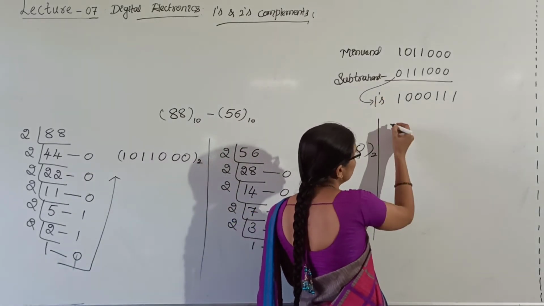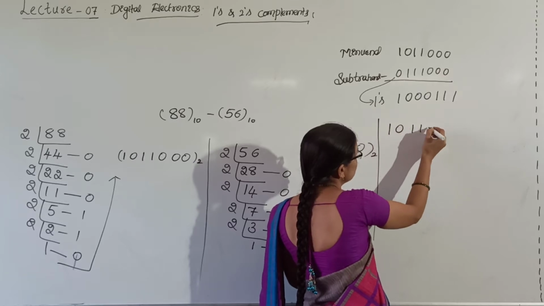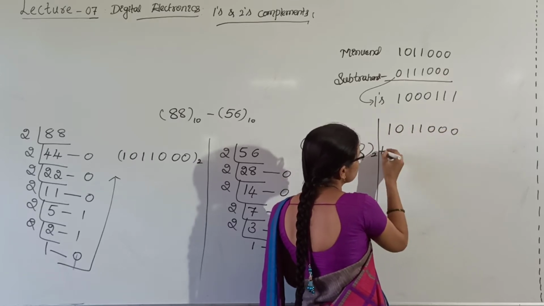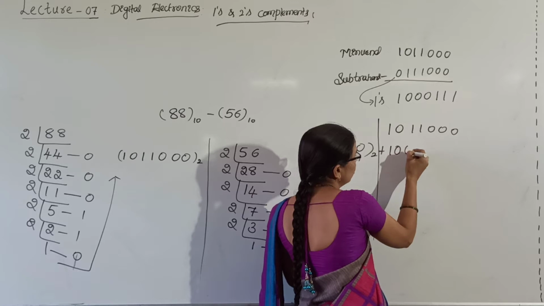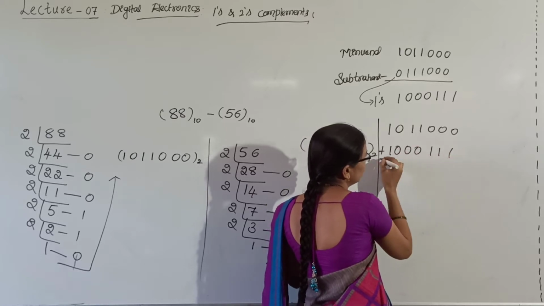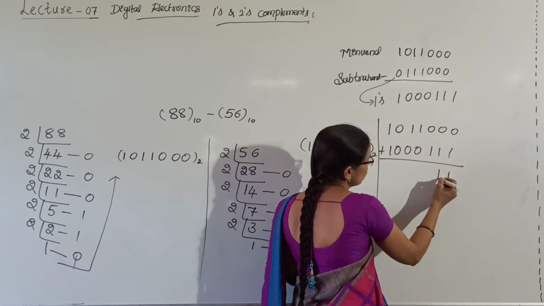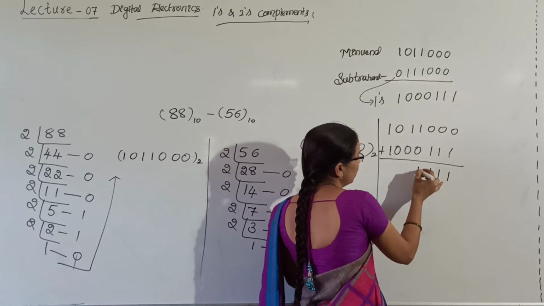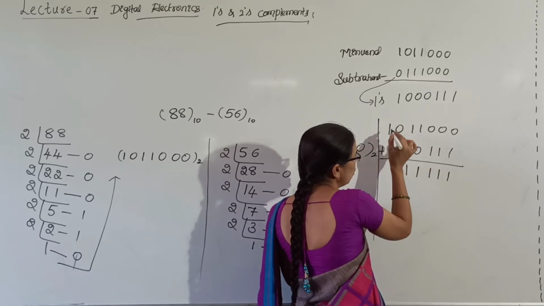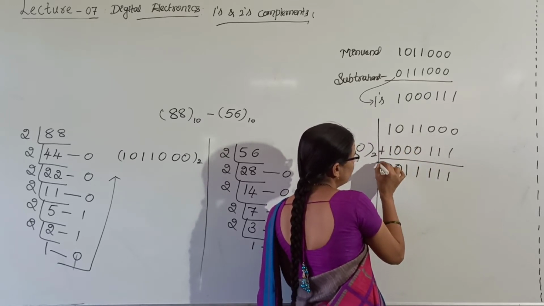Now 1 0 1 1 0 0 0 plus this, you have to add it. If you have taken the complement, then you have to add. 1 plus 0 is 1, 1 plus 0 is 1, 1 plus 0 is 1, 1 plus 1 is 0 and carry 1.